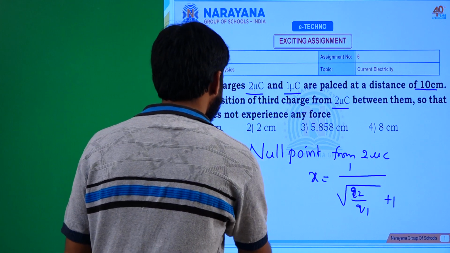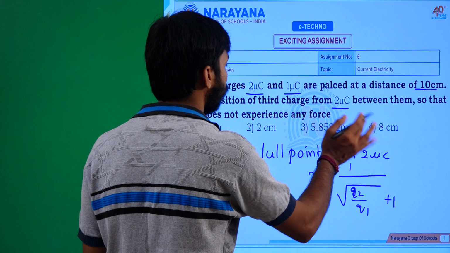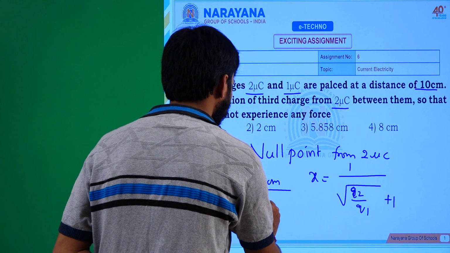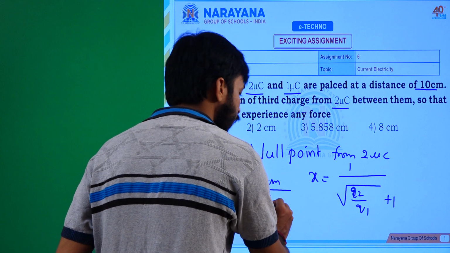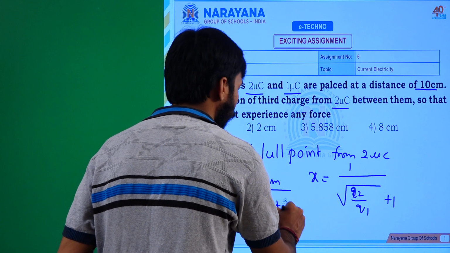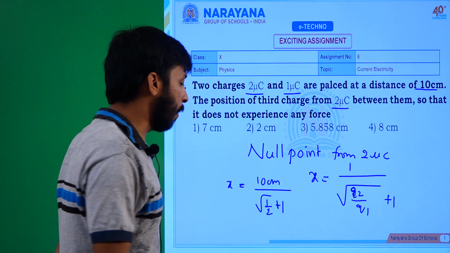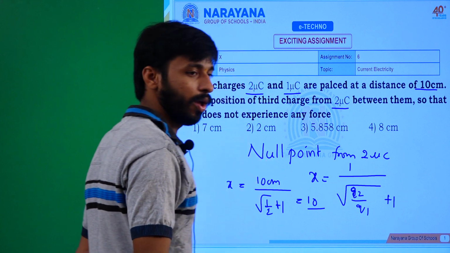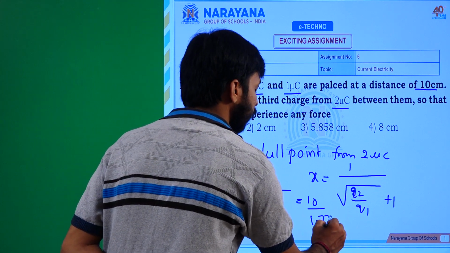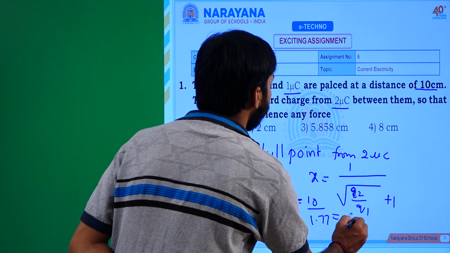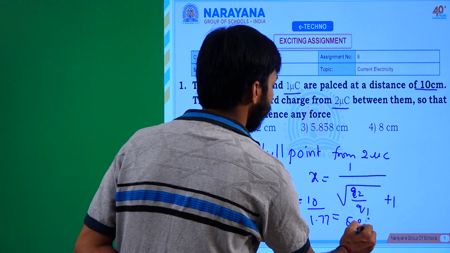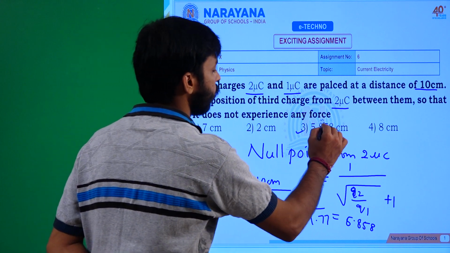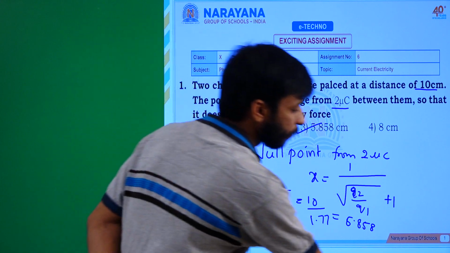So here x is equal to 10 centimeters by root over 1 by 2 plus 1. Nearby, that value is equal to 10 by 1.77, that is equal to 5.858, third option.